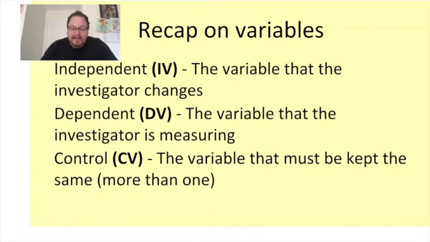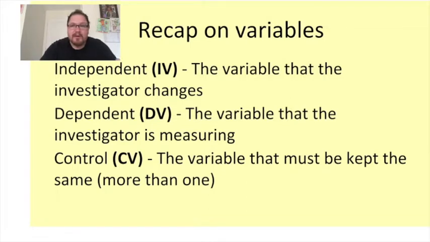So your recap on variables. Your independent variable, the IV, is something that you change. The investigator would choose to change this thing. The dependent variable is the thing that we're measuring. So if I'm changing something, I'm going to be measuring something that's affected by the thing I'm changing. Then you've got control variables, things we need to keep the same in order to make it a fair test.